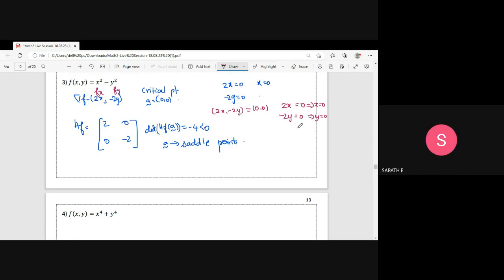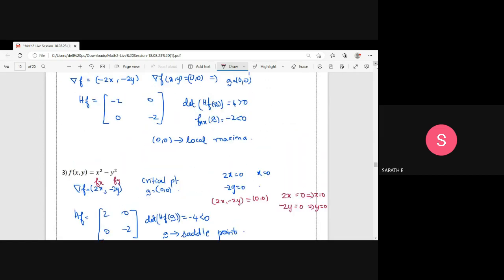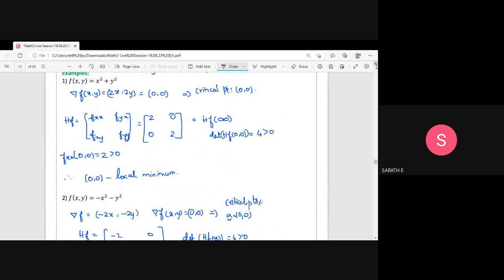That's all. Ma'am, regarding that earlier fxx, I'm not sure. What we are doing is a quadratic approximation, right? Unlike the single variable case, here we are doing it in two variables. Then we check if it's going up or down, whether it's local minima or local maxima.